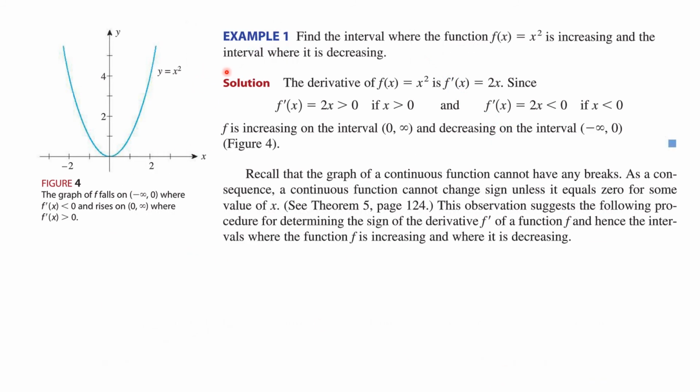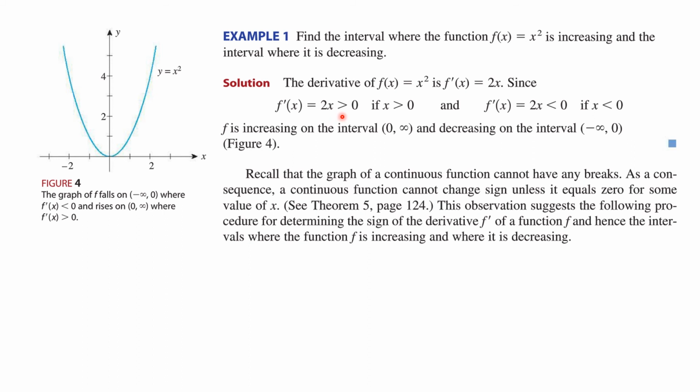So let's look at an example. Let's find the interval where the function y equals f of x equals x squared is increasing, and the interval where it is decreasing. Well, from what we just learned and the fact that this is a differentiable function, we can look at the derivative of this. So the derivative of y equals x squared is y prime equals 2x. And so we say, when is it positive?